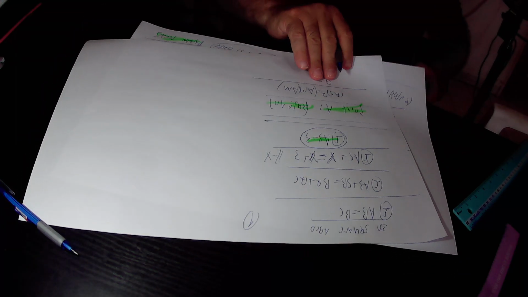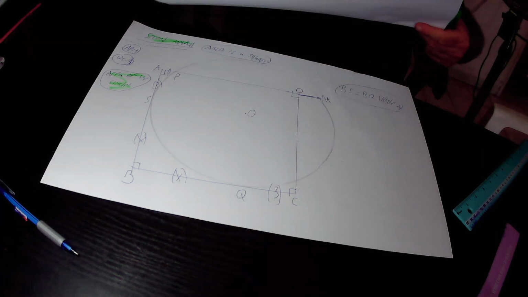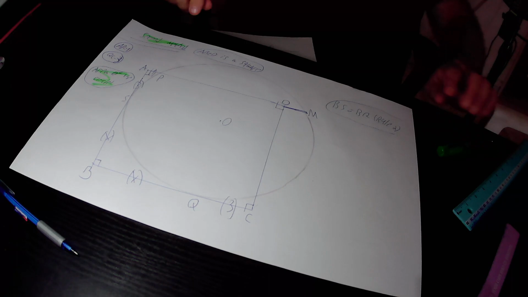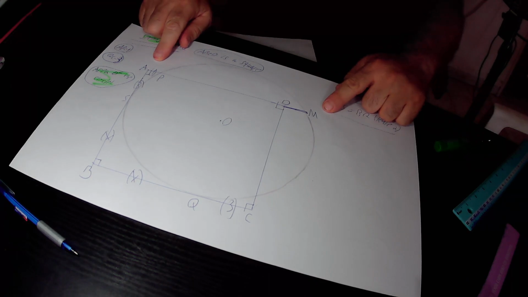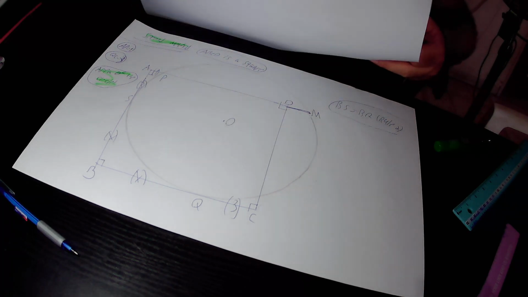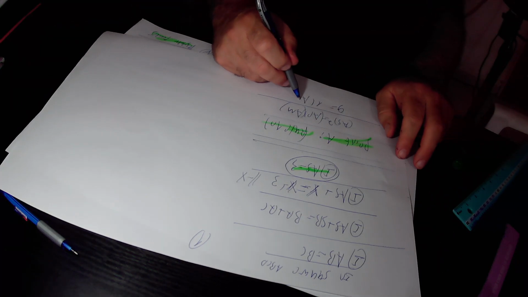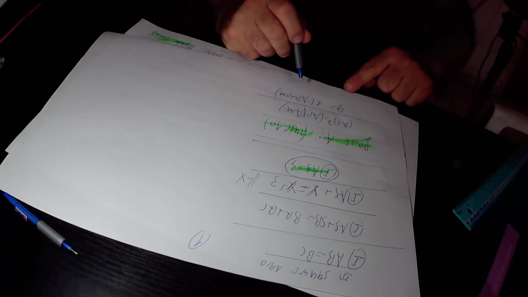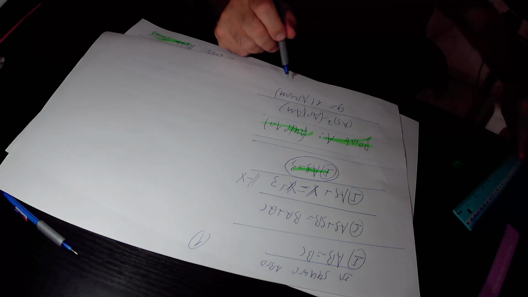And it is equal to AP, which is 1, times AM. AM in total equals AP plus PM.